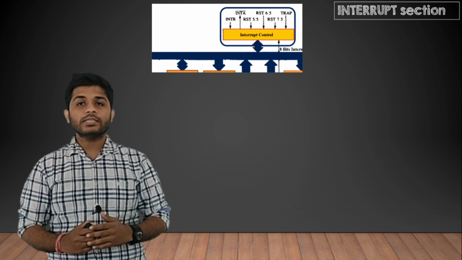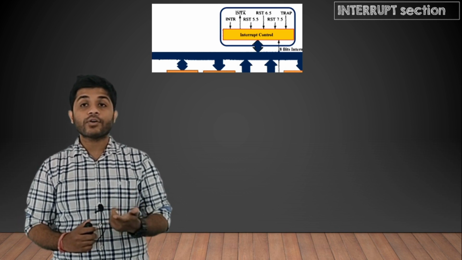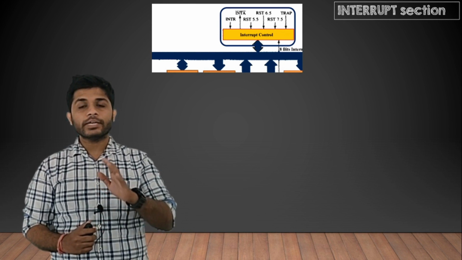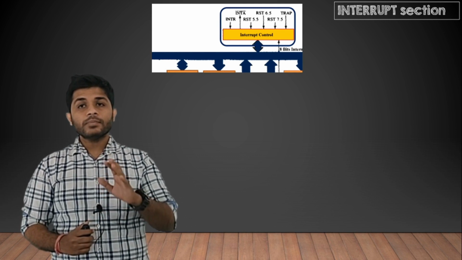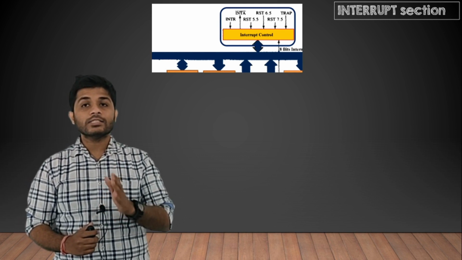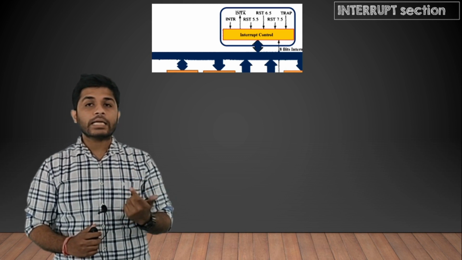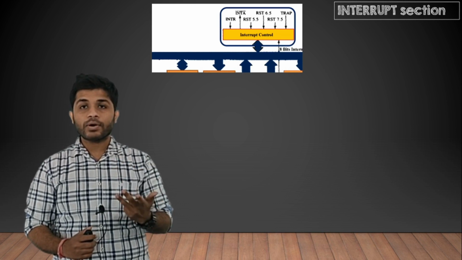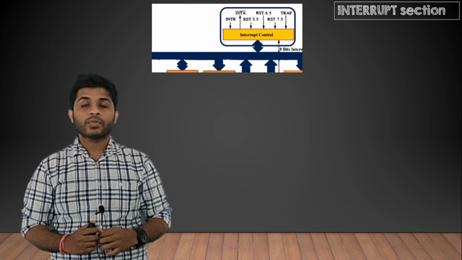Generally, interrupts are divided into two types: hardware interrupt and software interrupt. Right now, you can see in the block diagram it is the hardware interrupt. In the interrupt section there are 6 pins. There is TRAP, then RST 7.5, RST 6.5, RST 5.5, INTR and INTA bar.